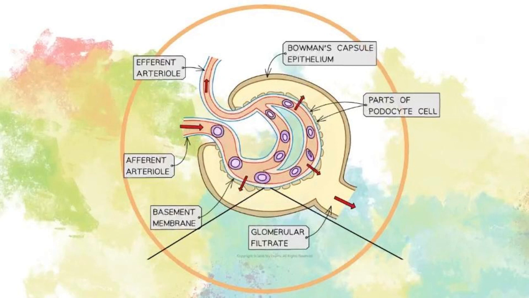And the pressure created in the glomerulus to allow for this filtration to happen is generated by the differences between the afferent and efferent arteriole.